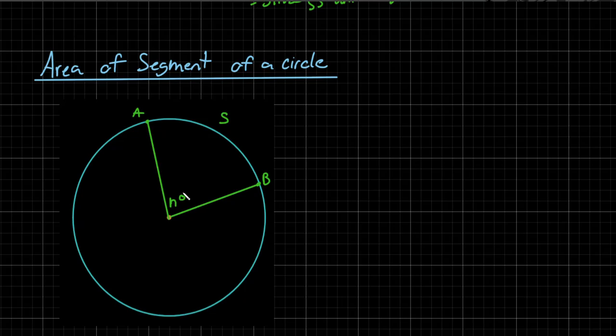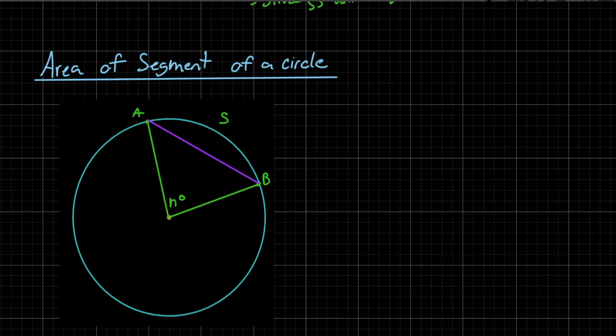Now this entire shaded region is the sector. But I want you to connect these 2 points, A and B. You don't know it yet, but that is drawing a chord. We're not going to talk about chords for a second, but we will the other day.